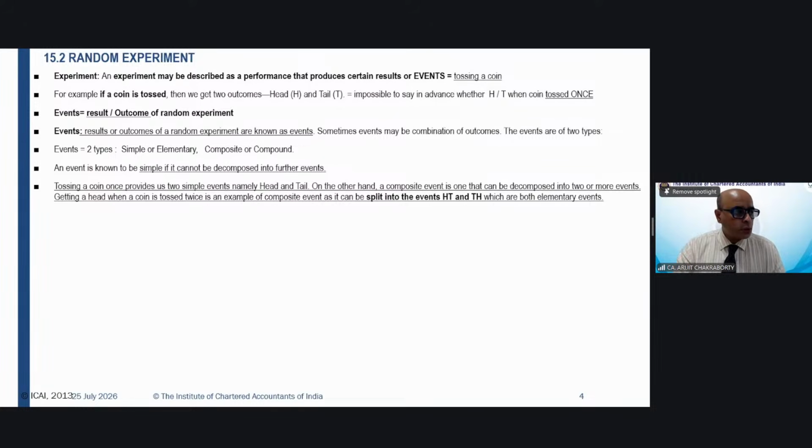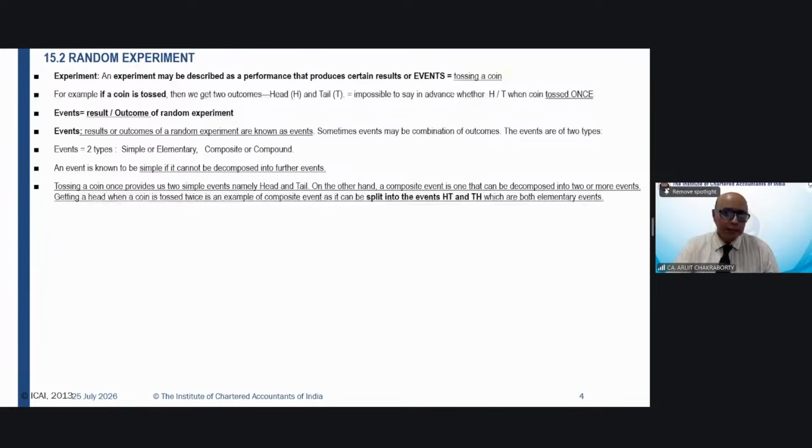That means when you are tossing the coin twice, either when you toss it first, you get a head, and when you toss it again, you get a tail. So H and T, head and tail. This could be a particular sequence, or it could be the opposite. When you toss the coin once, you first get a tail, and then you again toss it. This time you get a head.